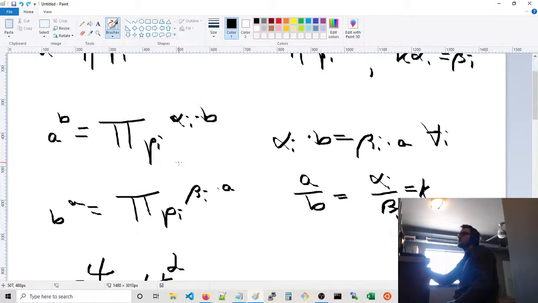Now, I wasn't able to show algebraically before that these just have to be multiples of each other. The reason why I couldn't show that, I don't know.